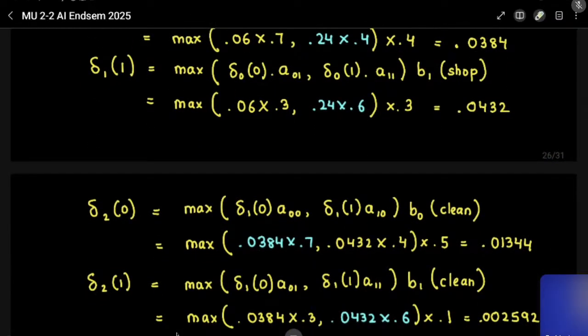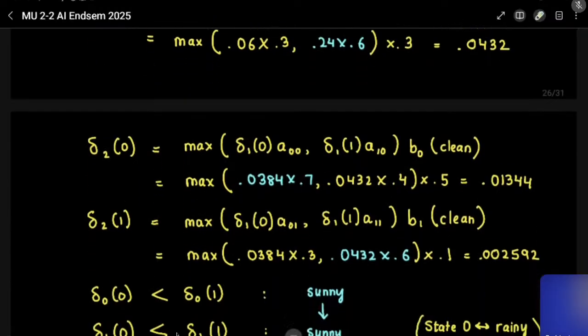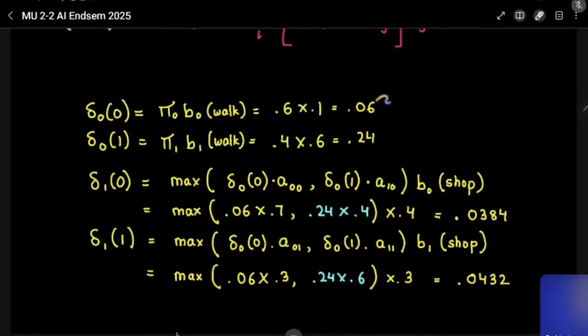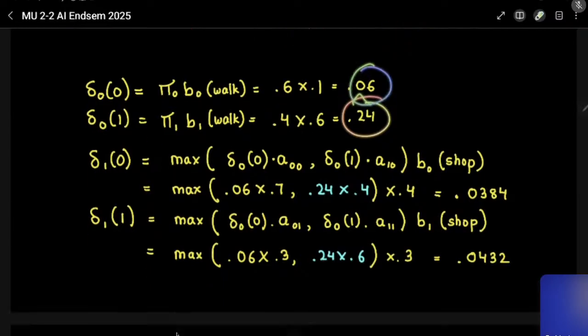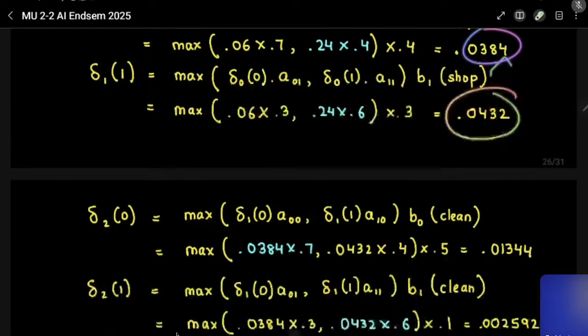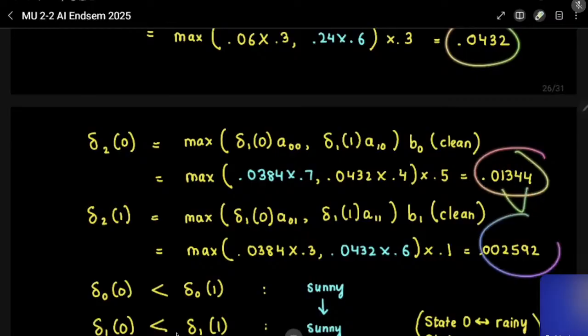Now after you've computed delta 0, delta 1 and delta 2, we shall compare all the values. So in delta 0, which state got the highest delta value? In this case, delta 0, 1, because this is greater than this, and so on and so forth. This is greater than this, and this is greater than this.